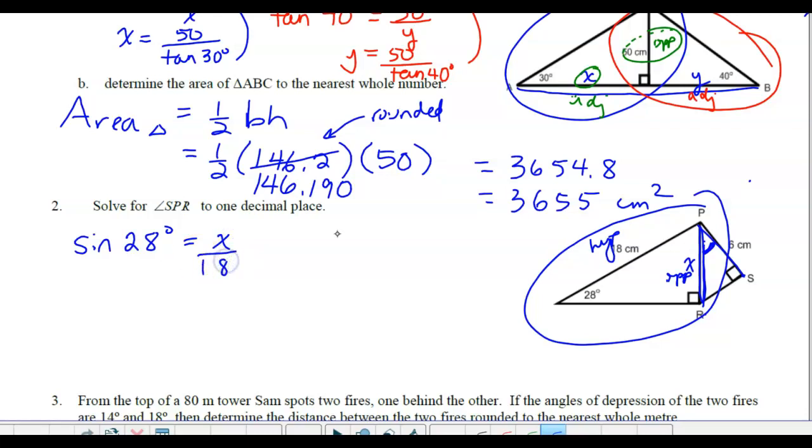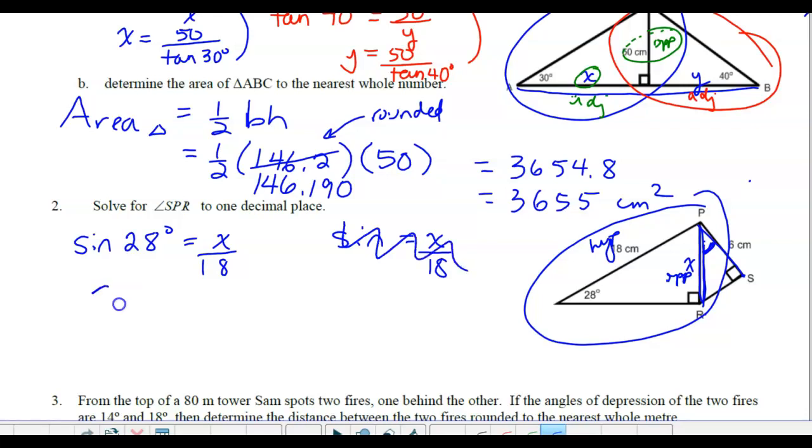If you were to show me this, that has no meaning to me. It just says sin equals x over 18. It's just 3 letters. I don't know what it means because it's always sine of an angle. So we need that angle in there.